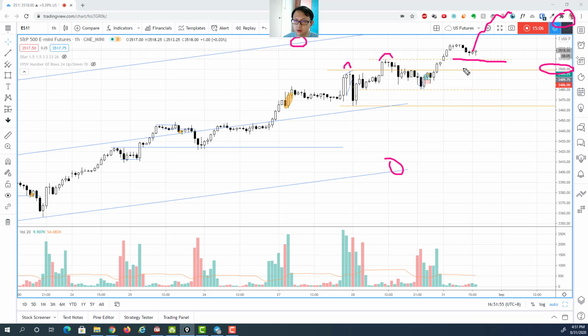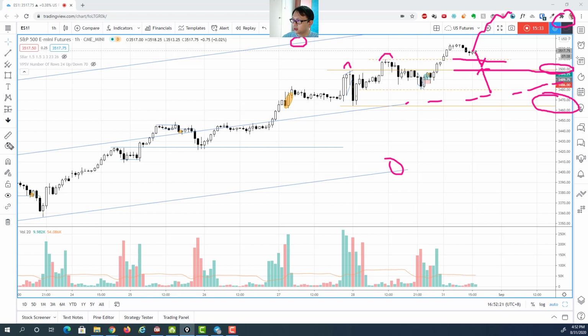So this could be the immediate supporting area. If it can retrace a bit more and bounce up from there, I think that could become a nice long entry. Otherwise, the lower level will be around 3460 to 3470, together with this mid line of the uptrend channel.